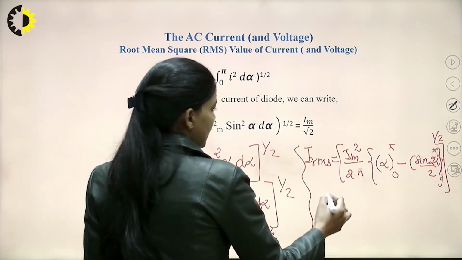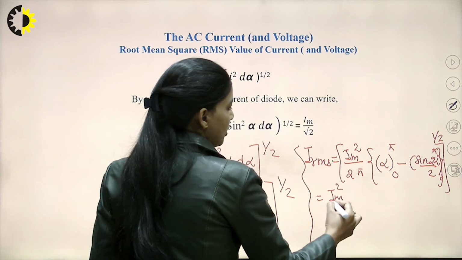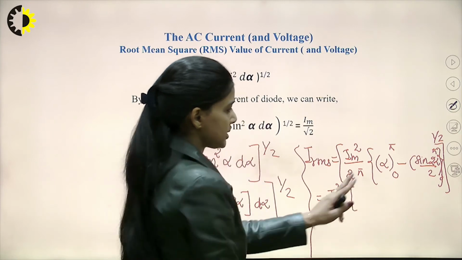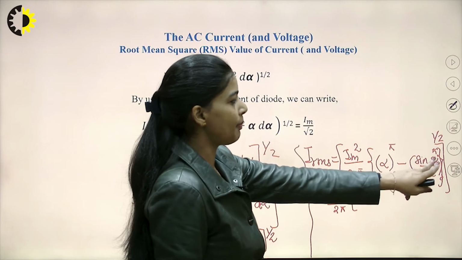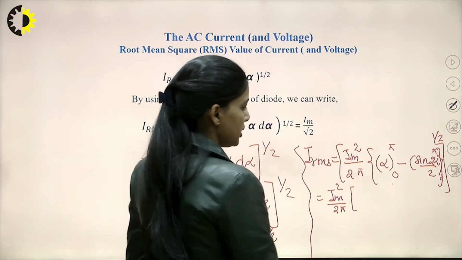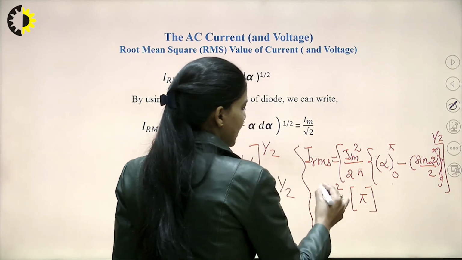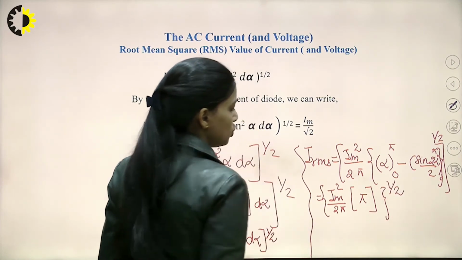So, simplifying it, we get Im square upon 2 pi, and inside this bracket we get pi minus 0, and here sin pi and sin 0 will be 0. So, inside we will be left with pi only and the whole power 1 by 2.